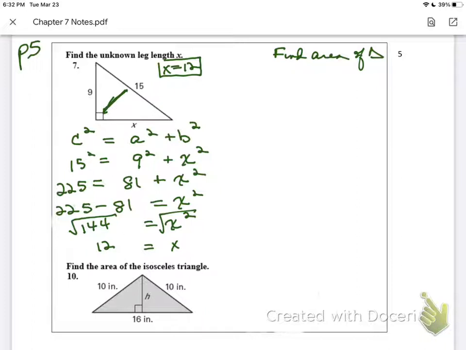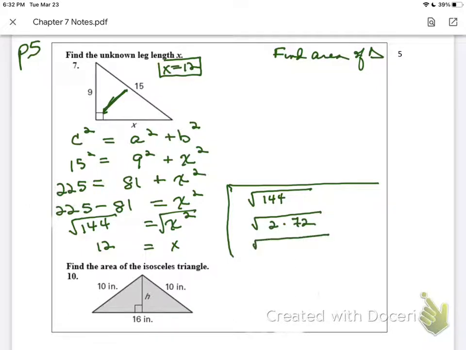Okay, let's figure out how I got that square root. So we'll do another little work here. What if I didn't know that 144 was a perfect square? What could I have done? Here's my 144, and I see it's an even number. So that's going to be 2 times 72. And then 72 is also divisible by 2, so I can break this up into 2 times 36. That makes 72. Keep going.